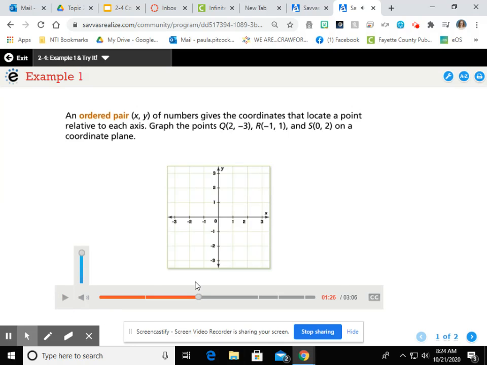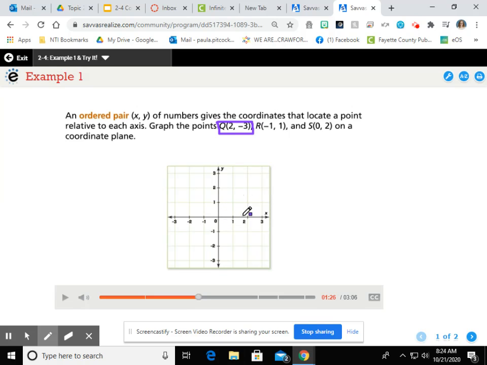I'm going to do the graphing first, and then we're going to watch the video to reinforce it. So we learned in our video that you have to shuffle on the carpet before you climb the stairs. That means you always go over on the x-axis, and then you go up or down on the y-axis. So we have an x and a y, horizontal, vertical. So in this ordered pair right here, the 2 comes first.